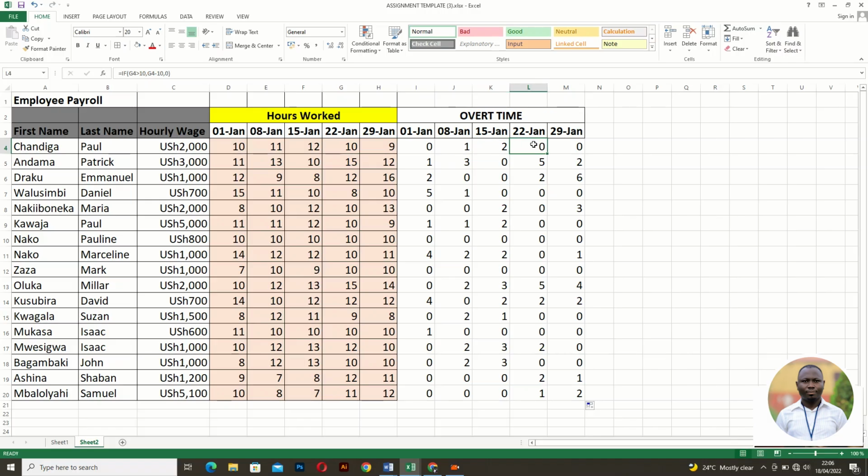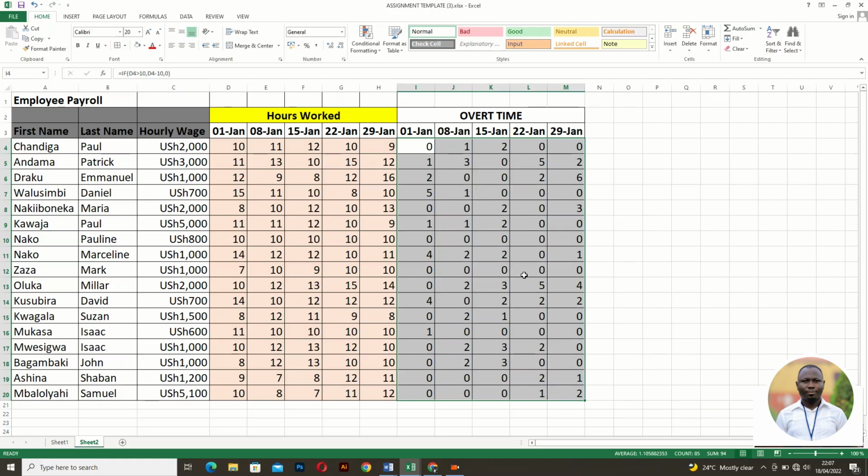When you look at this one, it's looking at G4, which is very true. And when we look at this, it's giving us H4. And that is the beauty of Excel. It's a very powerful tool and a very smart one for that. So after finding one, we are able to autofill and find for the rest.